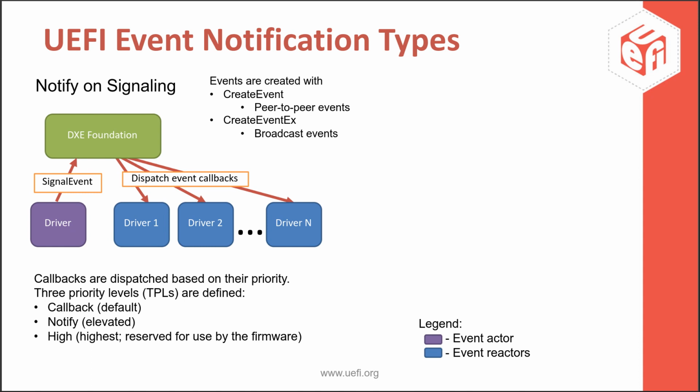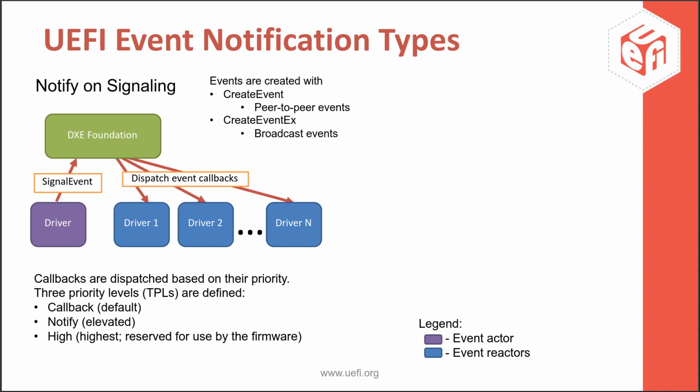So on TPL high, interrupts are disabled, which means the timer interrupt is disabled. So by executing a lot of code on TPL high, you may break certain timer-based services and degrade system performance.